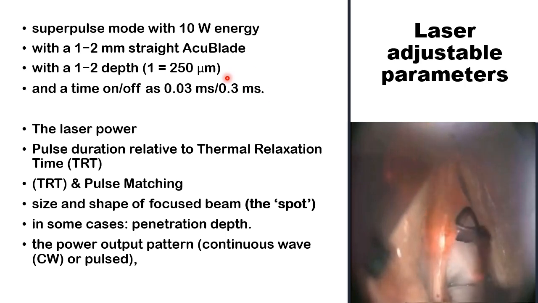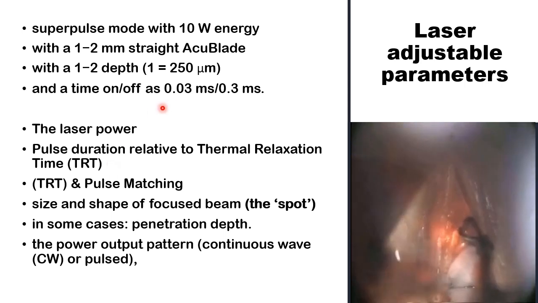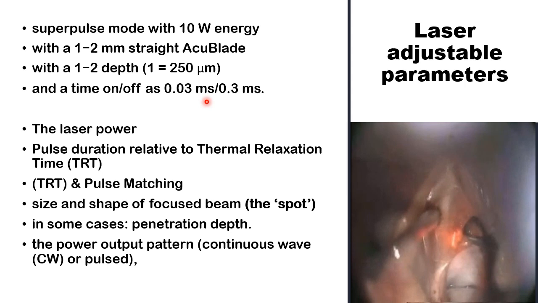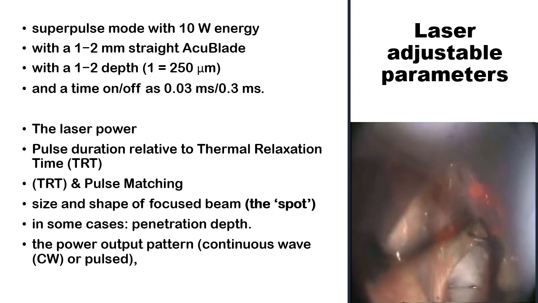This time off and time on would be dependent on something called the thermal relaxation time of the tissues. This is the time taken by the tissue temperature to drop to 50% of the initial temperature, and this will decide the time on and the time off, as we will see in the next few slides.